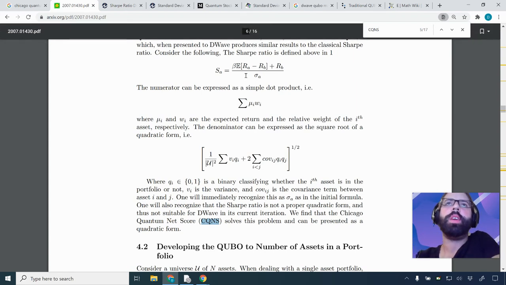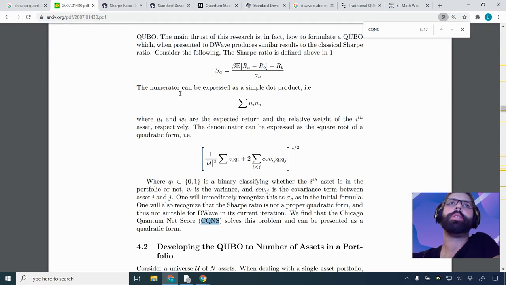Okay, so what they're saying here is that you can basically, the numerator is basically the expected return multiplied by each asset.